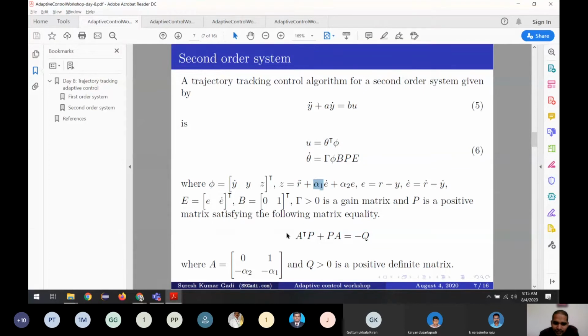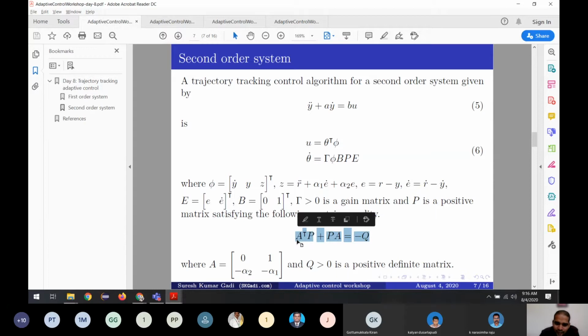We can give any values which satisfy a certain condition. We write it in this format: 0, 1, minus alpha 1, minus alpha 2, and it should satisfy this condition. What is this condition? This is a Lyapunov stability condition.